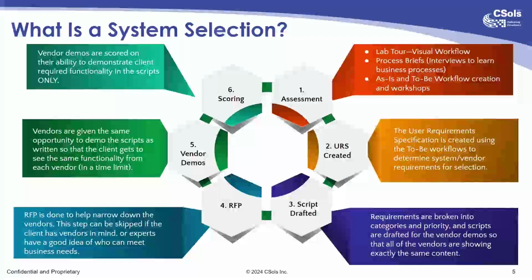So all of your vendor demos are scored, and they're scored in the same way. And that allows the vendor to demonstrate their ability to you, the client, in meeting the required functionality in the scripts. But that's the only functionality that they're going to be able to show you. They're not going to be able to show you all the bells and whistles that they want you to try to purchase. You only see functionality that you need.